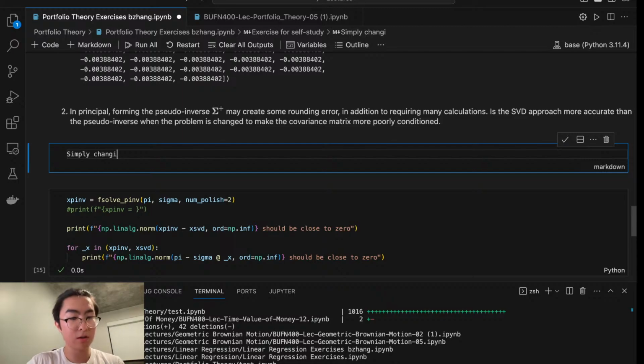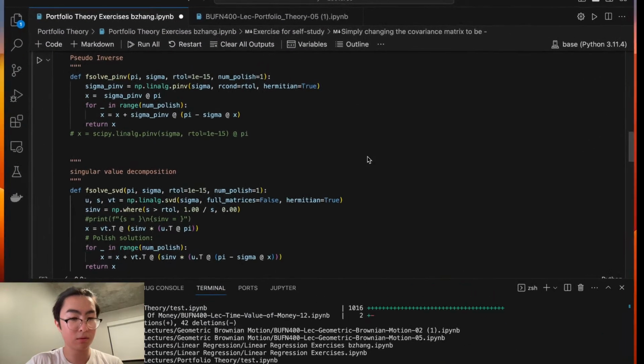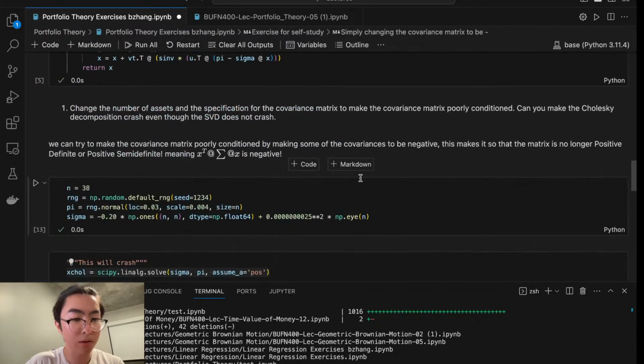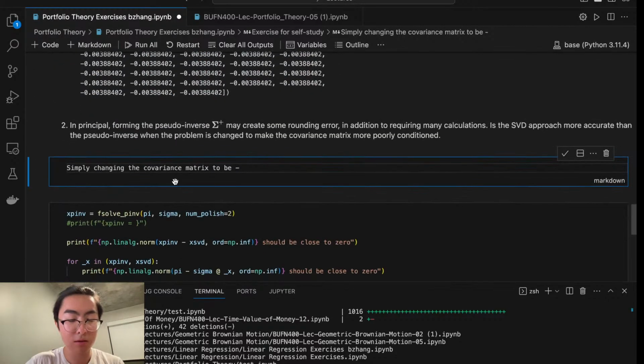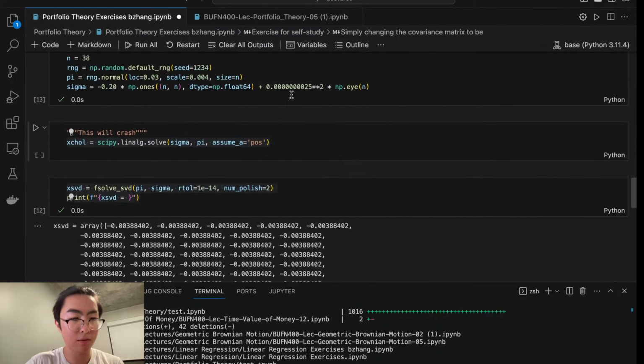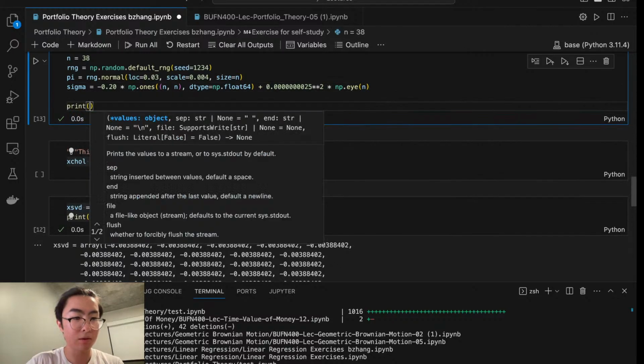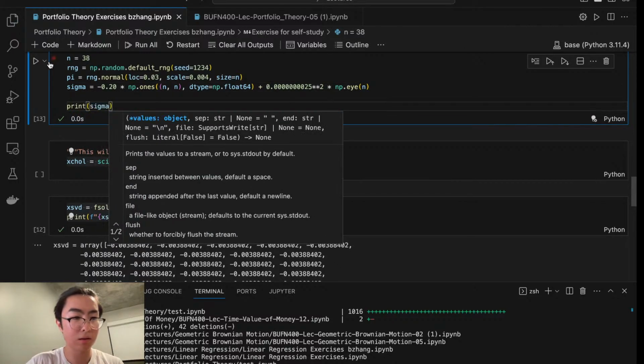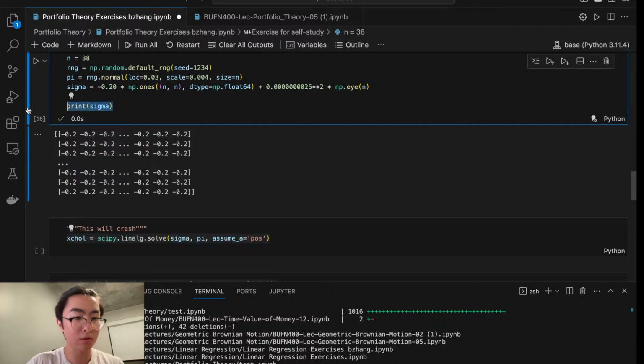Simply changing the covariance matrix to be negative. Okay, what did I change it to exactly? To negative, print sigma, -2, okay.